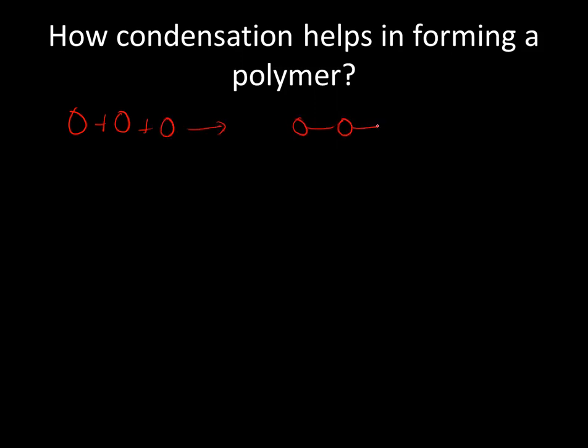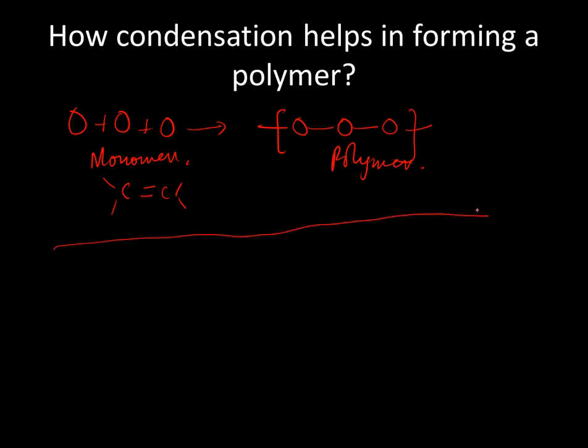When we see the repetition of same units, the monomers are same, the polymer is called as addition polymerization. And in addition polymerization, the condition was having a double bond. But here the condition is difficult and different. Why? In condensation polymerization, we need one product, that is water.